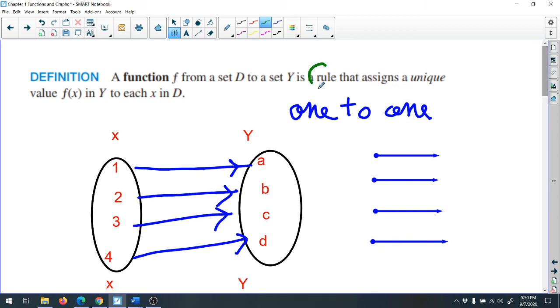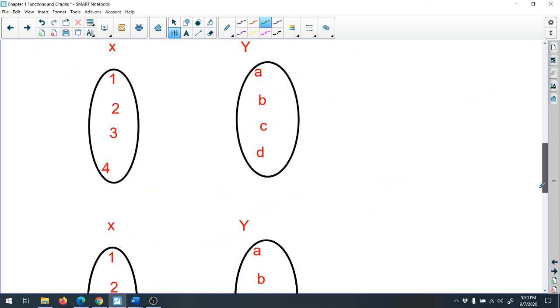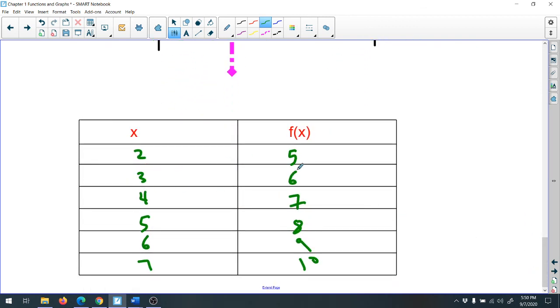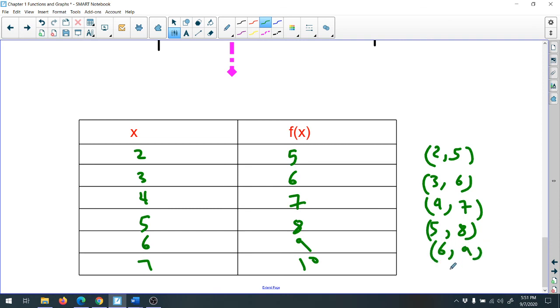And something else we have to understand is the rule of the function, which is the relationship that controls the input and output. If you look at 2 and 5, 3 and 6, 4 and 7, 5 and 8, 6 and 9, 7 and 10, if you write ordered pairs like this, you figure out that if we keep adding 3 every time, we get the output.